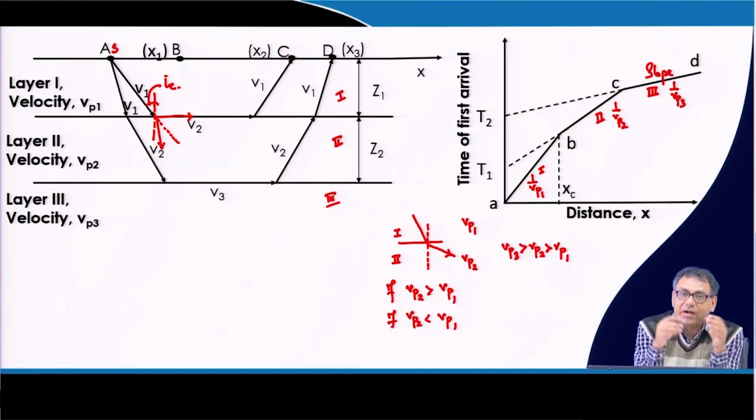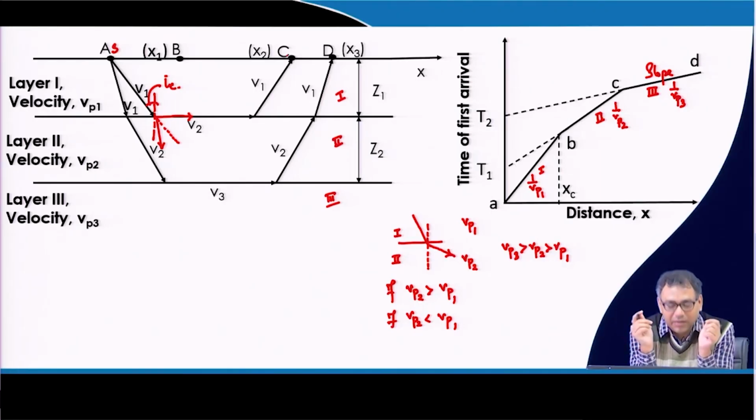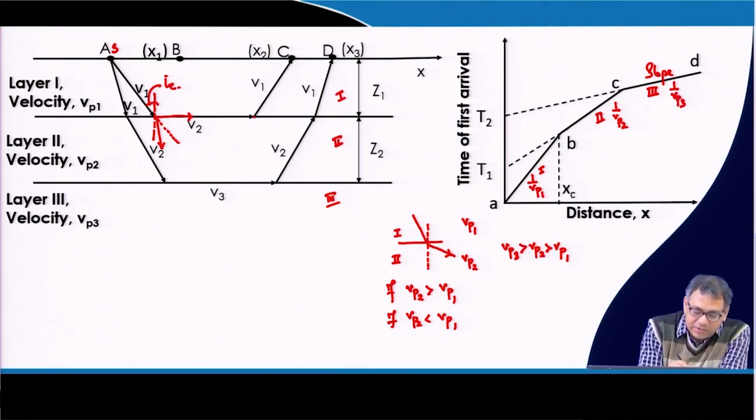Why? Because as the distance between A and C increases, the portion at which the wave travels with a velocity of Vp2 will also increase. Here, from A to E the wave will travel with a velocity of Vp1. From E to F it will travel with a velocity of Vp2.